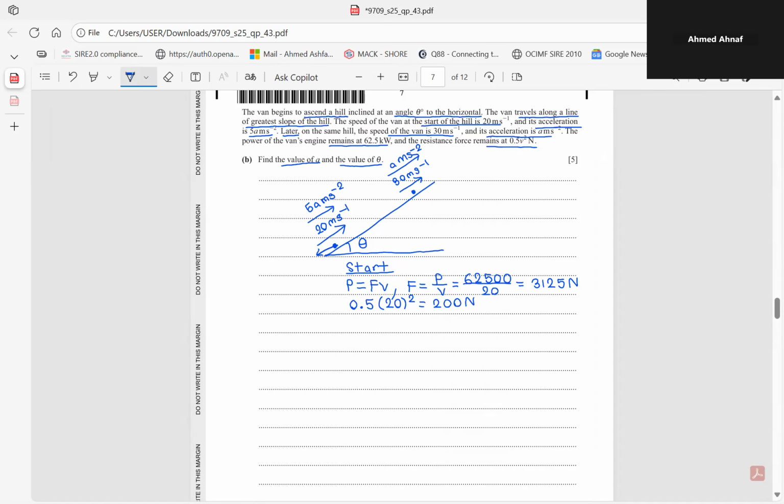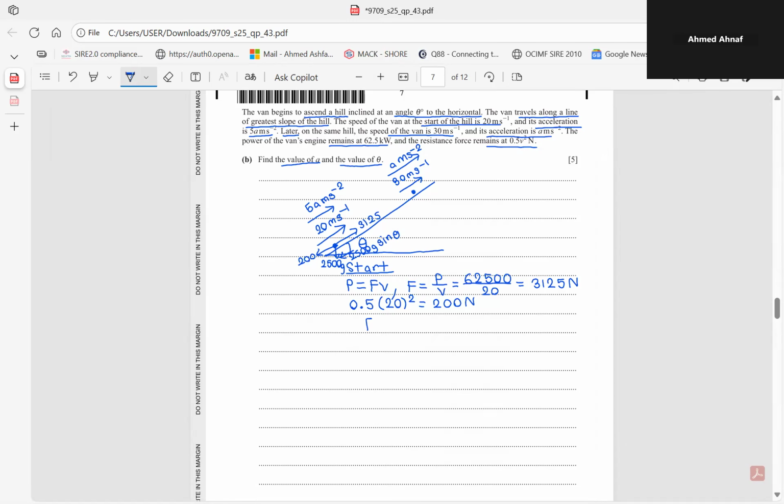So resistance force is 200, driving force is 3,125, and we should also not forget the weight, which is 2,500 G. And as you can see, the weight also has a component of 2,500 G sine theta, acting in the direction of the resistive force.